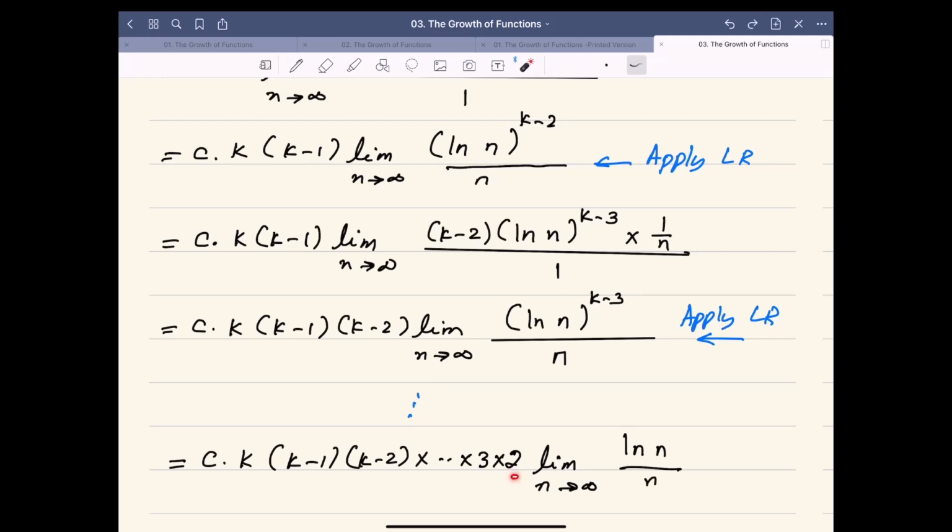To understand how we got these multiplications, imagine you have the function x raised to power 4. Now if you take the derivative, it will be 4x raised to power 3. If you take the derivative again, it will be 4 multiplied by 3 by x raised to power 2. Take the derivative again, it will be 4 multiplied by 3 by 2 by x raised to power 1.